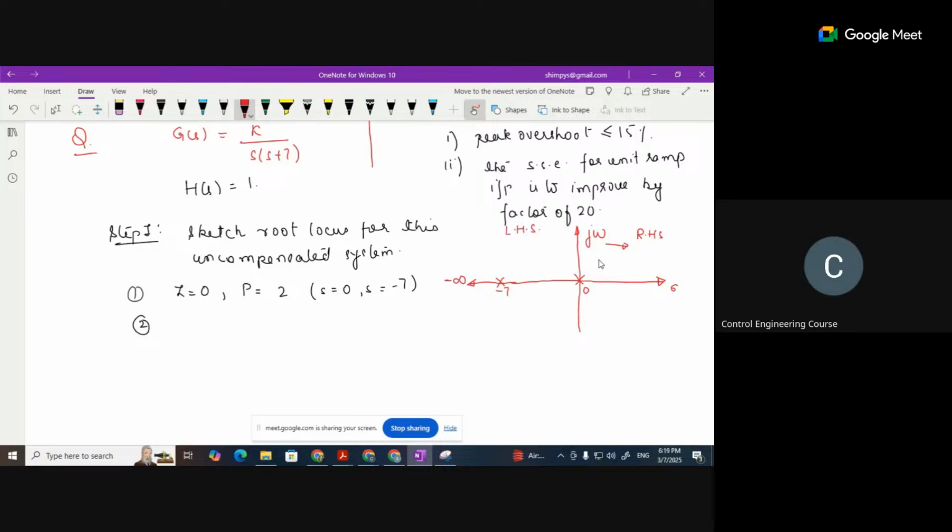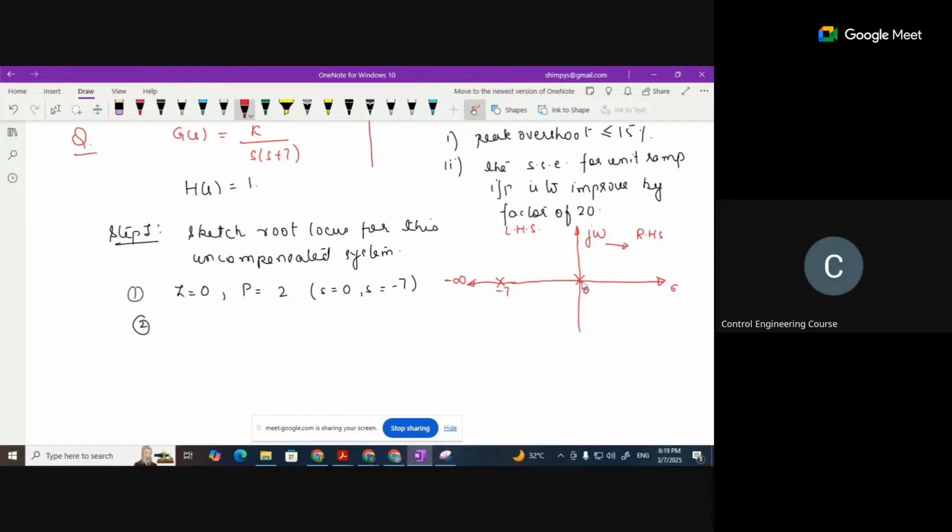Is there any zero or pole here? No, no poles and zeros here. Now I move towards minus 7 and see whether there are any poles or zeros. Yes, that is one pole, an odd number. I told you the concept of odd and even to locate it.